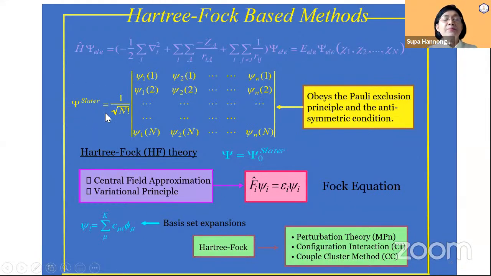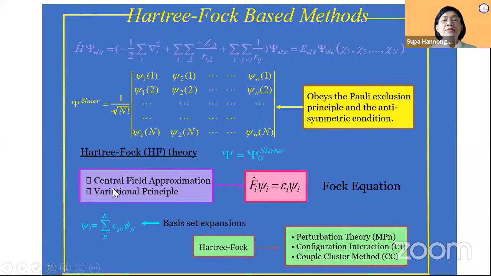And for the wave function, we start by applying the Slater determinant to help obey the Pauli exclusion principle and the anti-symmetric condition. So Slater can help, and we have the Slater wave function. This is the Hartree-Fock theory.